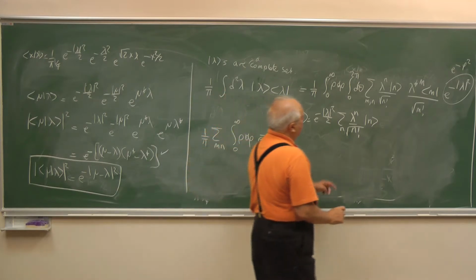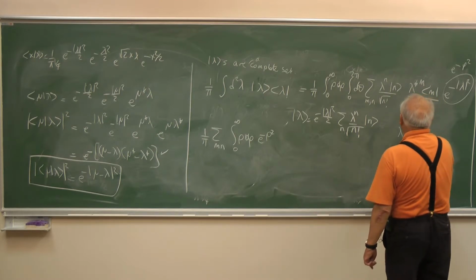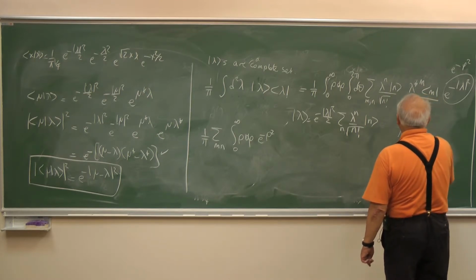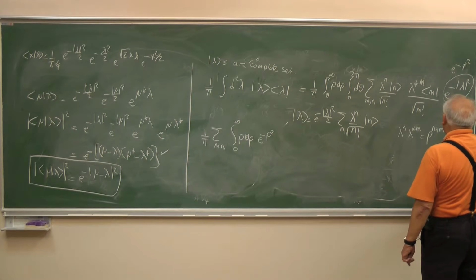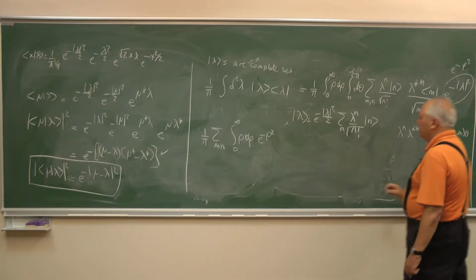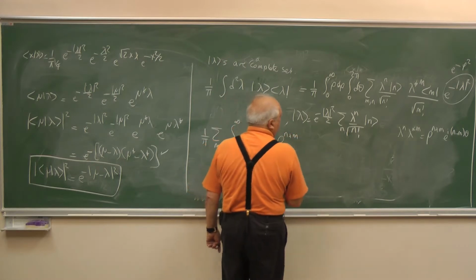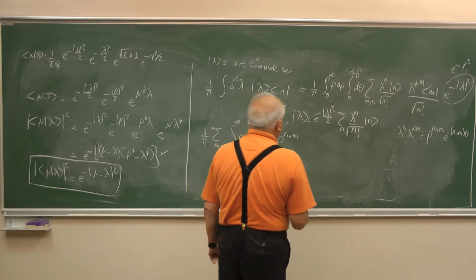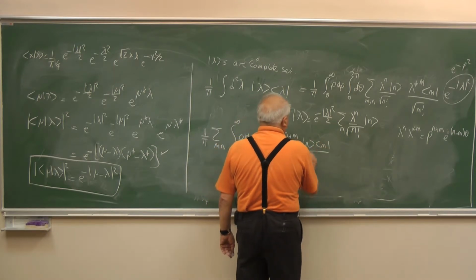Then I have lambda n, lambda star m. So this is rho to the n plus m, e to the I n minus m theta. So I have rho to the n plus m. Then I have n m over root n factorial m factorial.